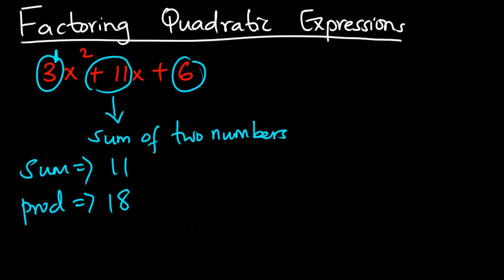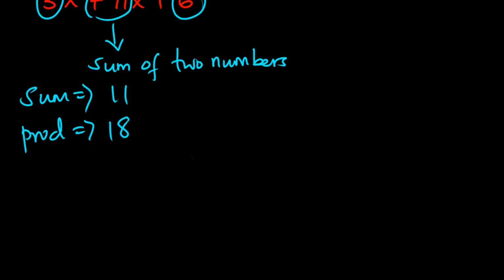As I told you in the last video, an easier way to go about it is to list the factors of 18, the numbers that when you multiply them, you get 18. So, we have 1 and 18, 2 and 9, and 3 and 6. I believe those are the ones.